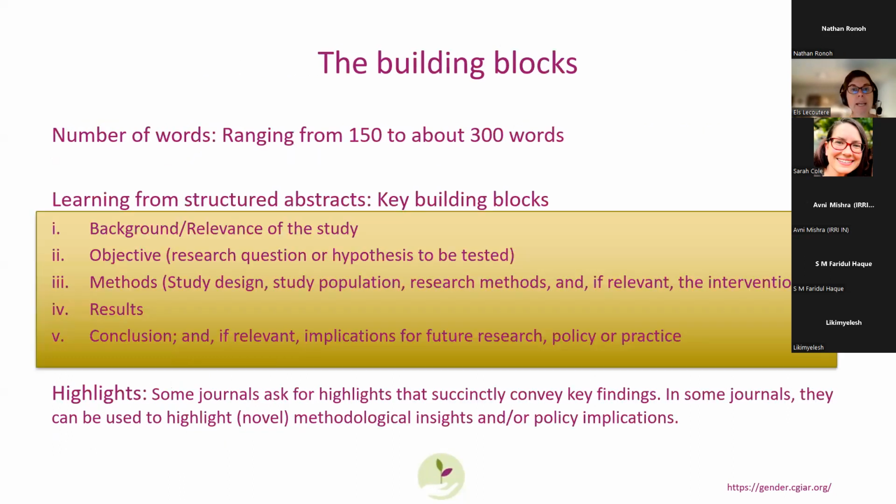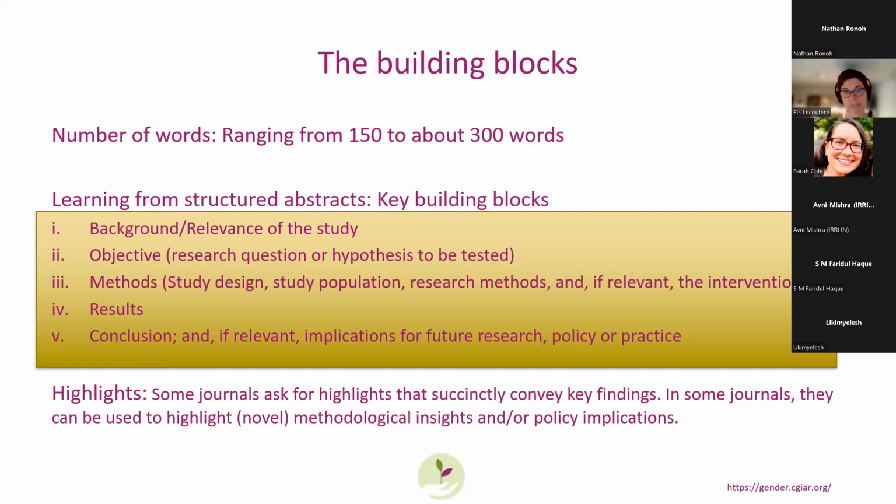And then, writing abstracts, it's not a science, but there are some guiding principles, some building blocks that you can use. A first building block: it has to be short. If you look into the journal author guidelines, it ranges from 150 to 300 words.